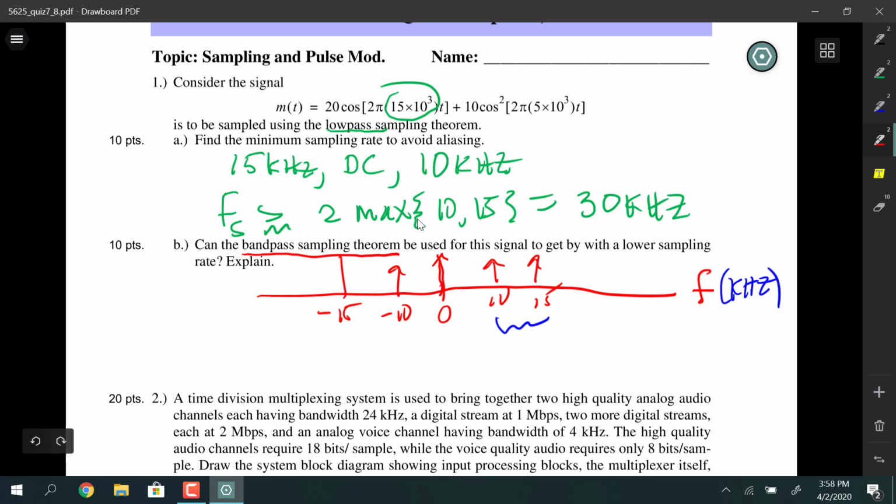So it assumes that you've got nothing down in here. The way I think of it, you probably could figure out something, but this is not strictly according to the theorem. That was not the intent of the problem. The intent of the problem was what was in the book and the theorem.